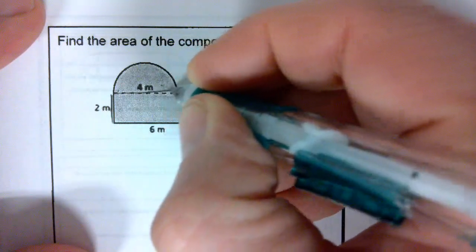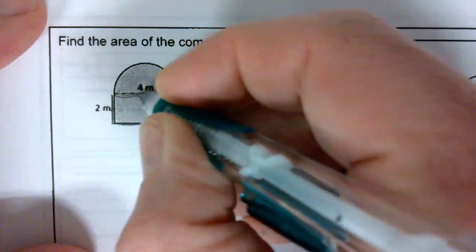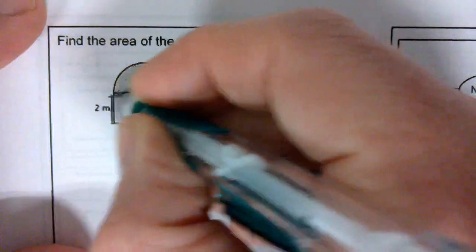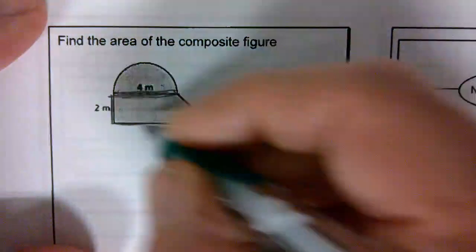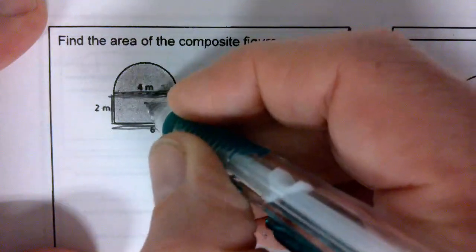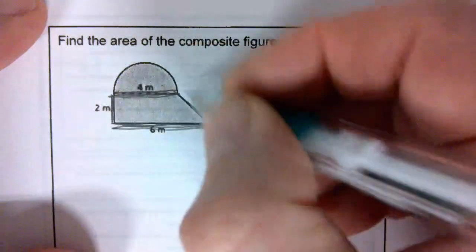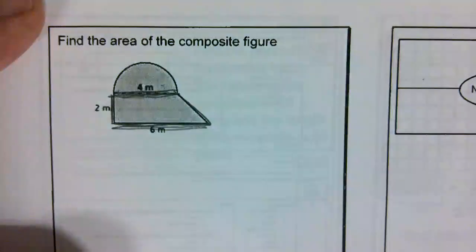It's not a rectangle because we got this slanted side over here. It's not a parallelogram. It's not a square. If we look, I got one side up here that's parallel to this side. So we got opposite sides parallel. That makes this one a trapezoid because not all the sides are parallel. So this guy's a trapezoid.